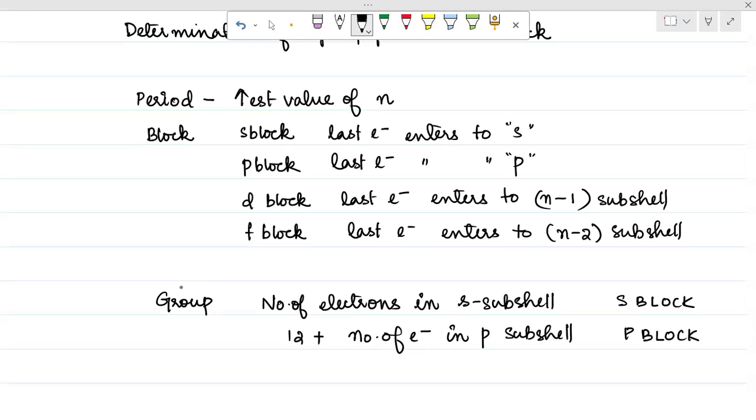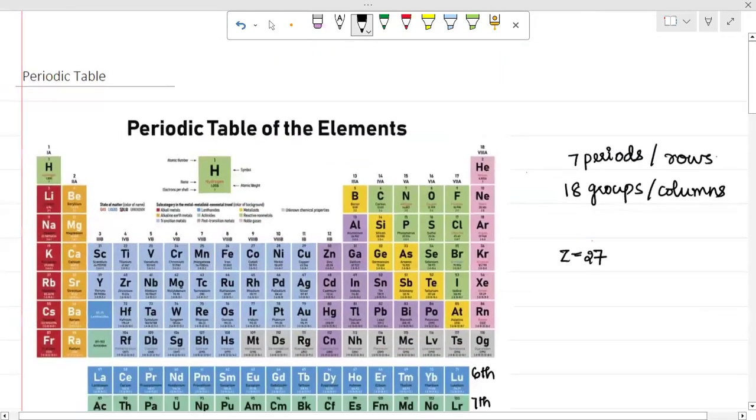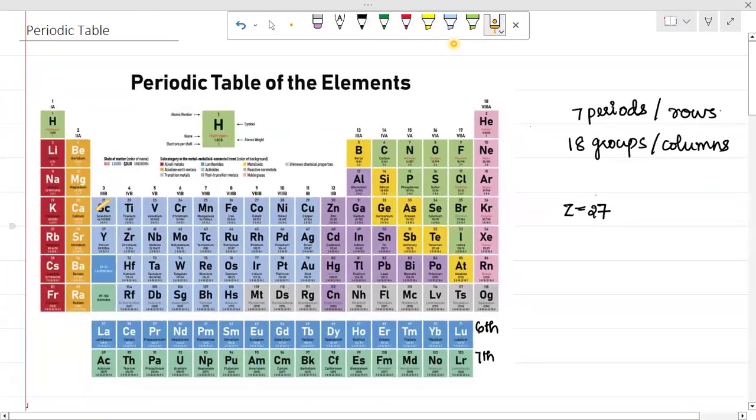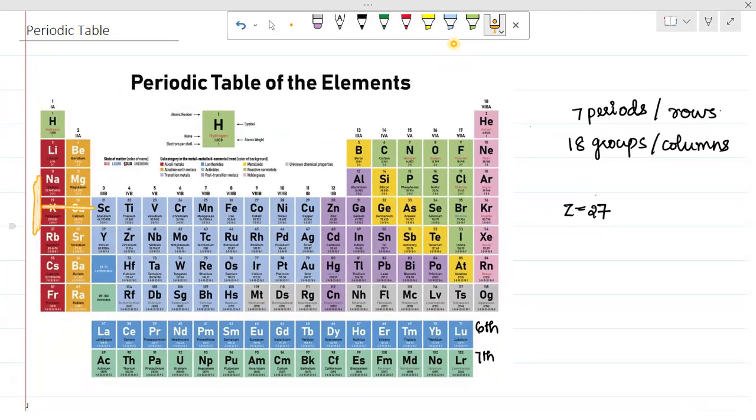You have to add 12. Why 12? Because the P block comes after 12 columns: 1, 2, 3, 4, 5, 6, 7, 8, 9, 10, 11, 12. So from the left, it is 12 groups ahead. This is where our P block stands from, so you have to take into account the 12 columns ahead of that.